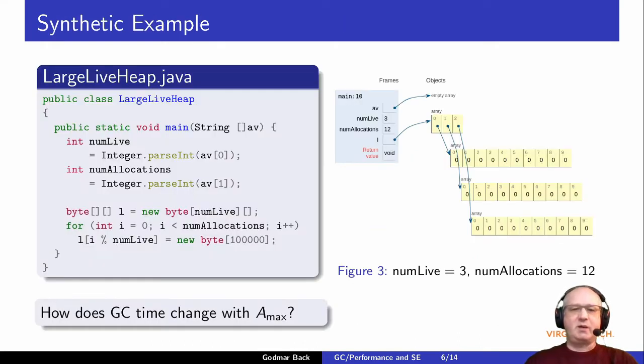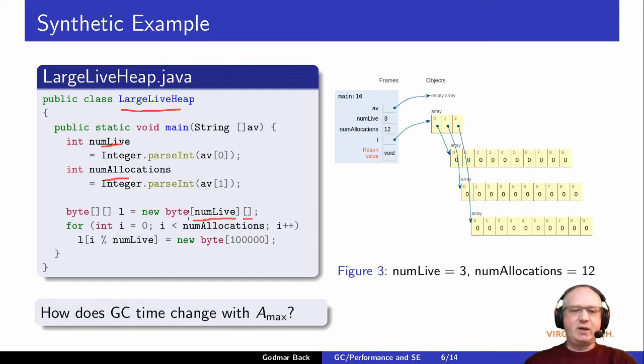So if this is our model, let's see how the application performance may be affected by the choice of the live heap size. To that end, I've created a small program that I would like to share with you. I call it large live heap, and it is just a few lines of code. It takes two command line arguments, the number of live objects and the number of allocations. And then it will allocate a two-dimensional array of bytes. In Java, for two-dimensional arrays, the first dimension is an array of references, and the second dimension are the arrays themselves.